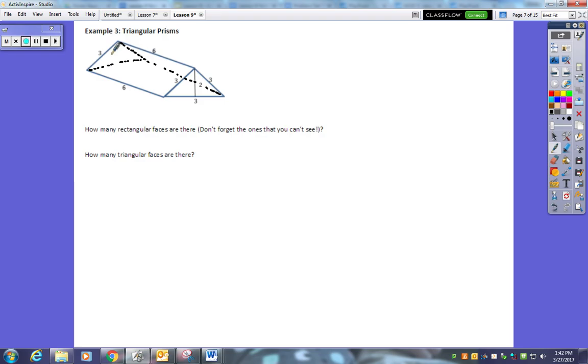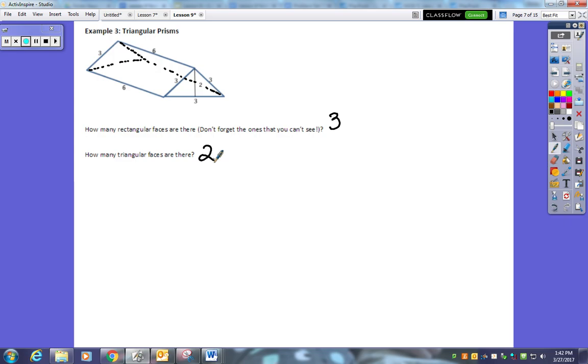This one that we actually see here, plus on the other side there would be a matching one, which is represented kind of right here. And then there's also the bottom, which would also be a rectangular face. So there are 3 rectangles in this. As for triangles, there is the front and the back, which would make 2 triangular faces.